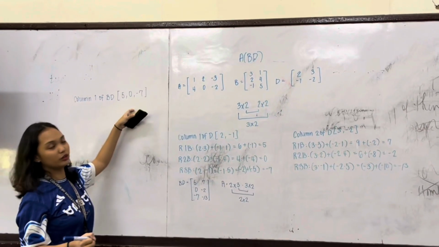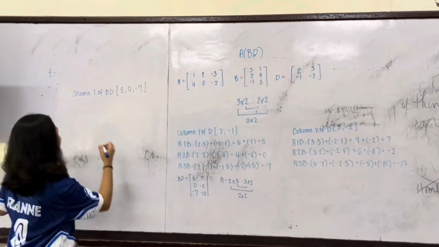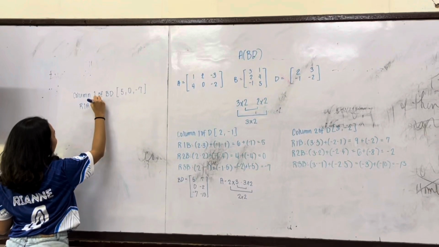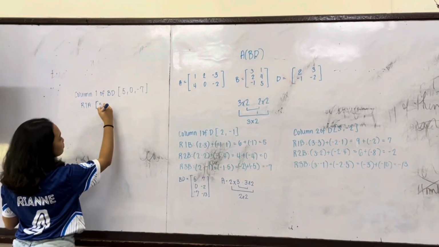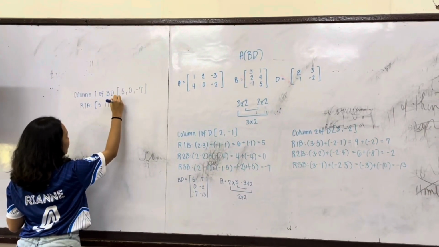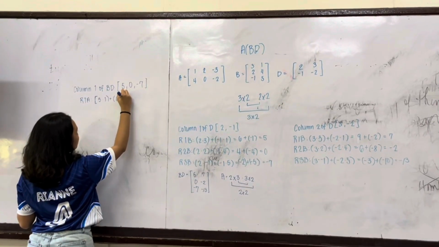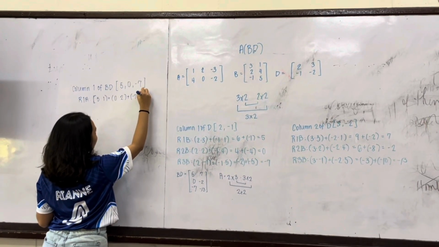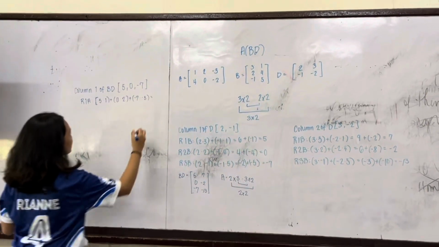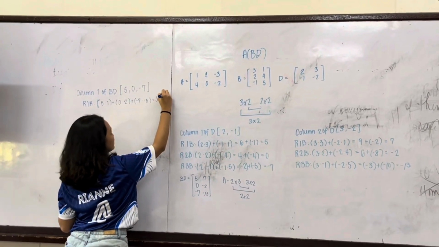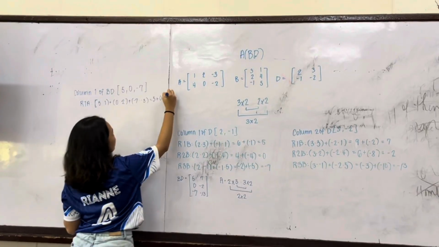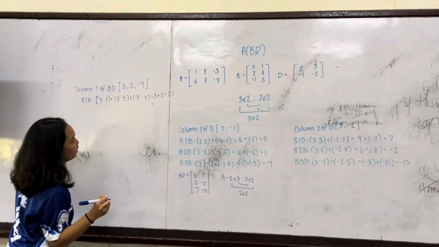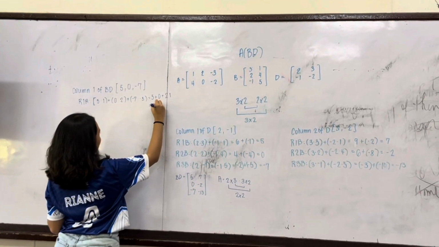These values we will multiply in each row in matrix A. So we write row 1 of A, 5 times 1 plus 0 times 2 plus negative 7 times negative 3, which gives us 5 plus 0 plus 21, with a total of 26.